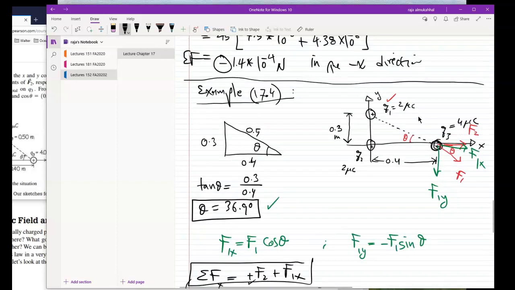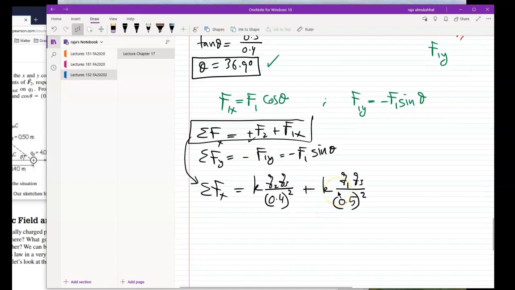Is that right, guys? This is Q1, this is Q3. The distance between them is the line connecting them, which happens to be the hypotenuse of this triangle, which is 0.5. Okay? Times cosine 36.9. And there we go. Just plug in your numbers and work it out with your calculator.